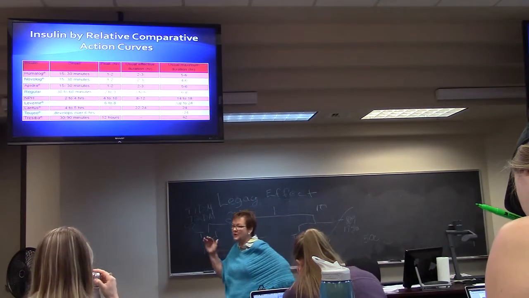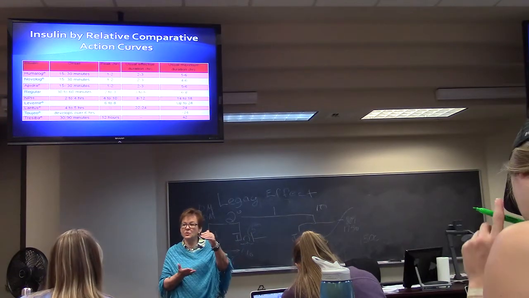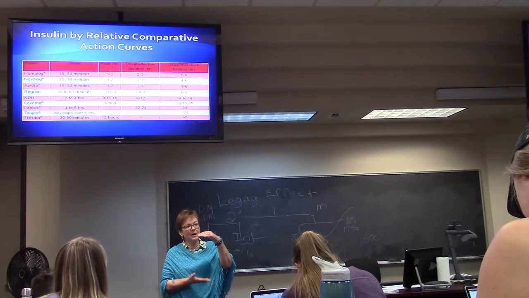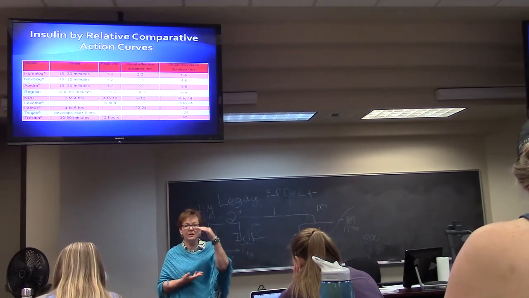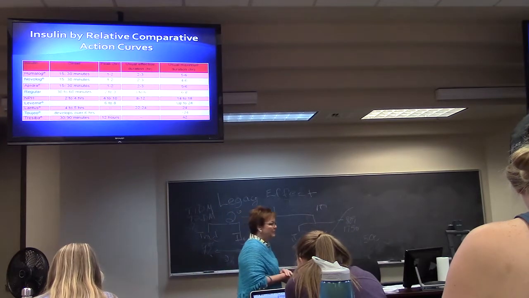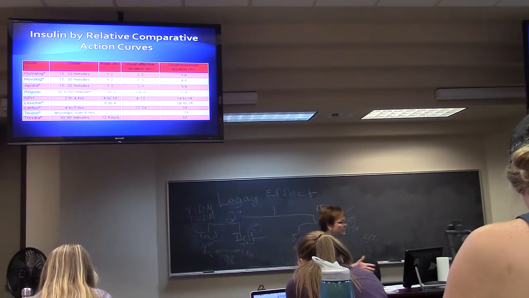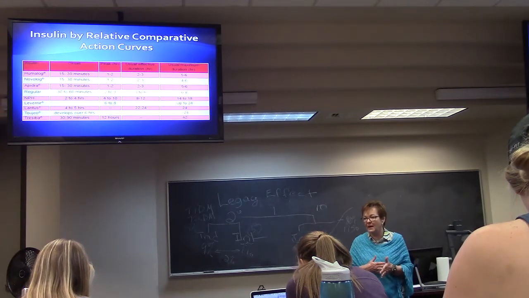One of the reasons you want to know peak is that we can match up the peak of the blood sugars rise after a meal with the peak activity of insulin. Sometimes with the peak, we also get the highest risk for low blood sugars, particularly if the person has under-eaten the amount of carbs that we were anticipating them to have.